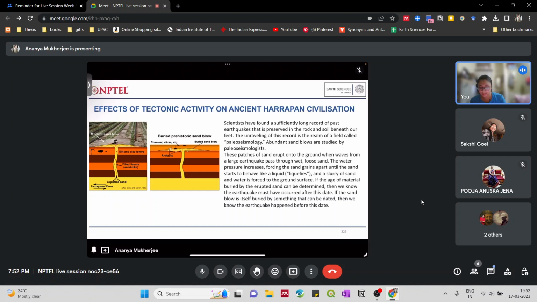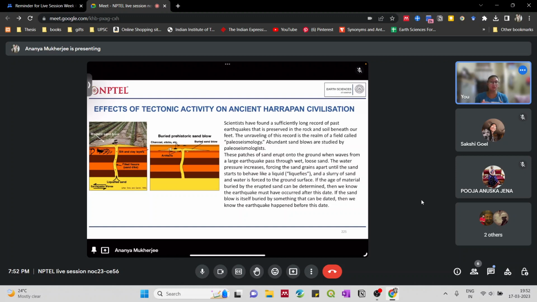You can date the area buried by the sand blow, the silt and clay layers, so the earthquake happened after that time. After the earthquake happened, the sand blow took place and buried this.